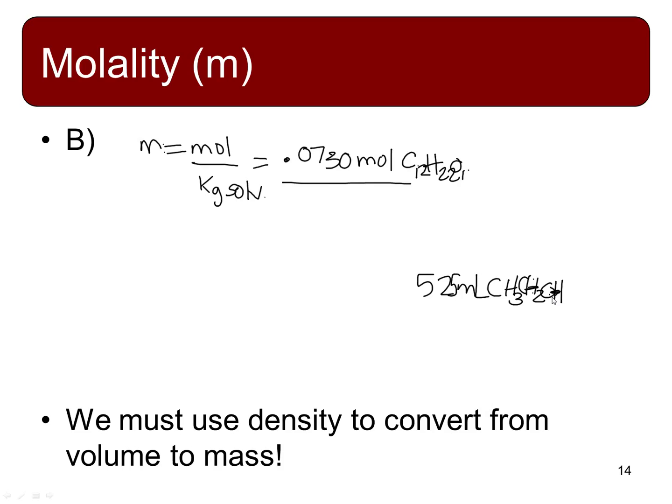So this is where we're going to use density. We have to use that value given, so it does have a purpose. If we look at our units there, it's grams over milliliters. So that's considered to be 1 milliliter down here, and 0.785 grams.